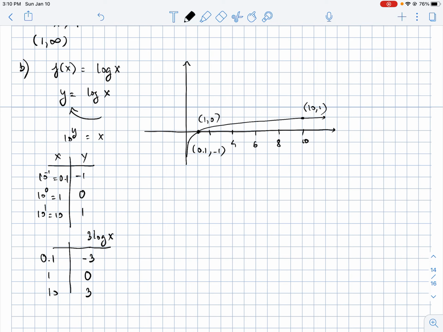So I multiply the y part by 3, and the points are (1, 0), (10, 3), and (0.1, negative 3).